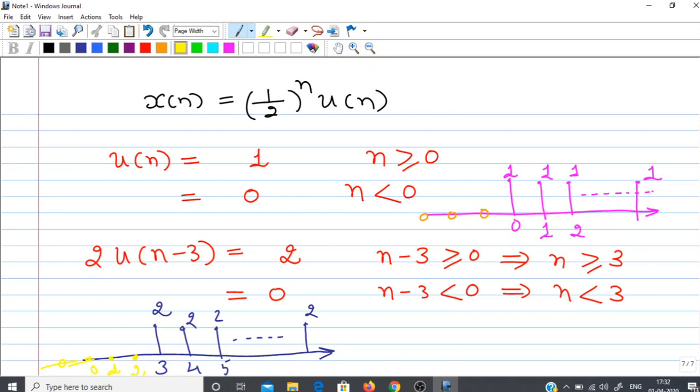Now this (1/2) to the power n u[n] sequence is in fact an exponentially decaying sequence. Before drawing (1/2)^n u[n], can I draw (1/2)^n? So first I draw (1/2)^n.